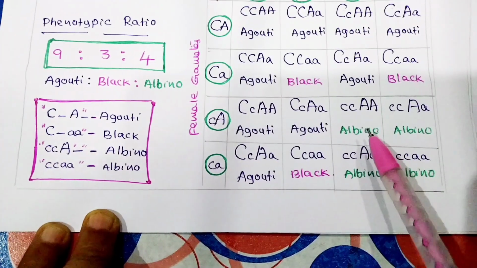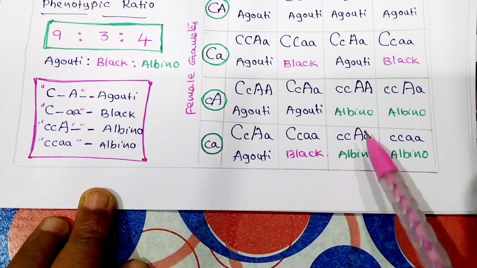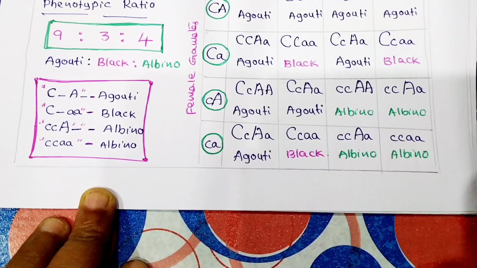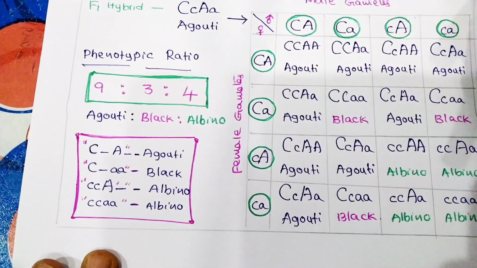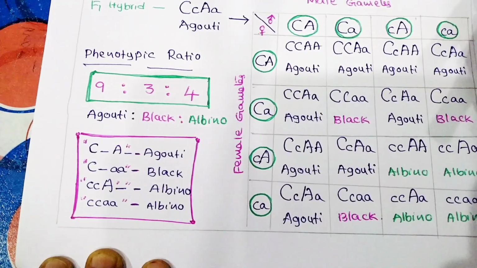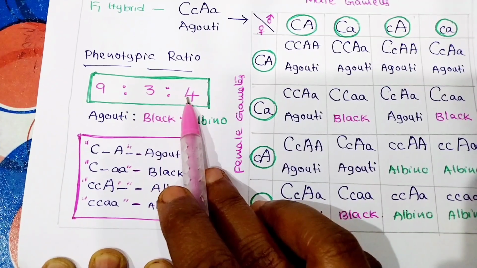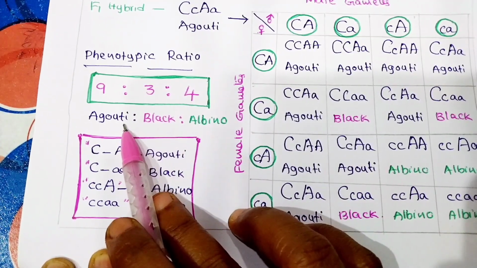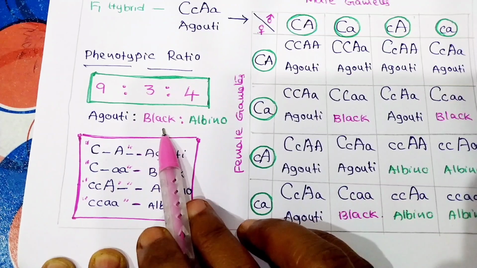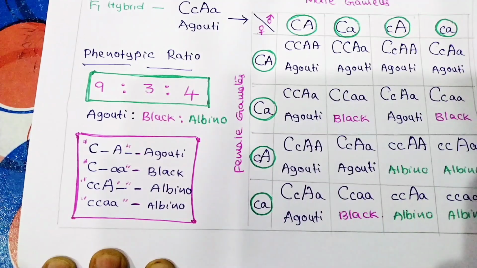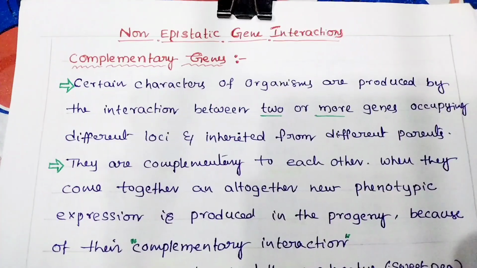Again 4 albino individuals are obtained. So the recessive epistasis ratio is 9:3:4. 9 agouti, 3 black colored, 4 albino colored individuals. So this is about recessive epistasis.